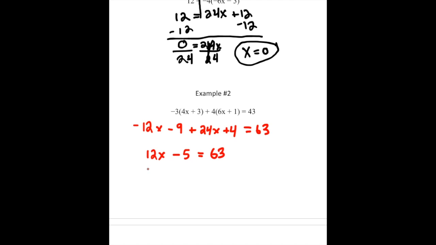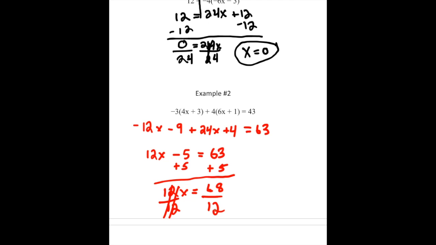So now we need to solve the equation. So first we're going to add 5 to both sides. So we have 12x now equals 68. And we're going to divide both sides by 12. And these cancel out. So now we need to figure out how many times does 12 go into 68.